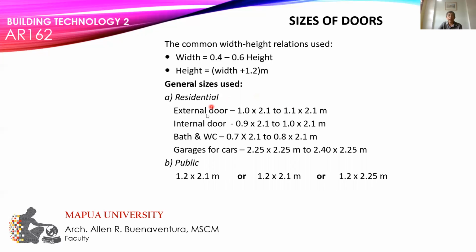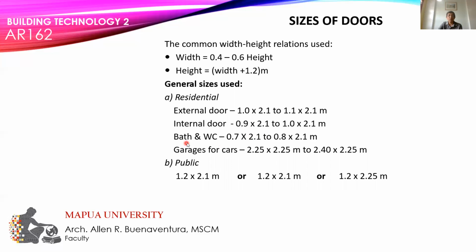In general, for residential doors, external doors are 1 meter by 2.1 or 1.1 by 2.1. These external doors are usually wide so that you can move furniture or equipment inside your house. Internal doors are usually 0.9 by 2.1 or 1 meter. The internal doors are the bedrooms or the doors going to other spaces inside the room.